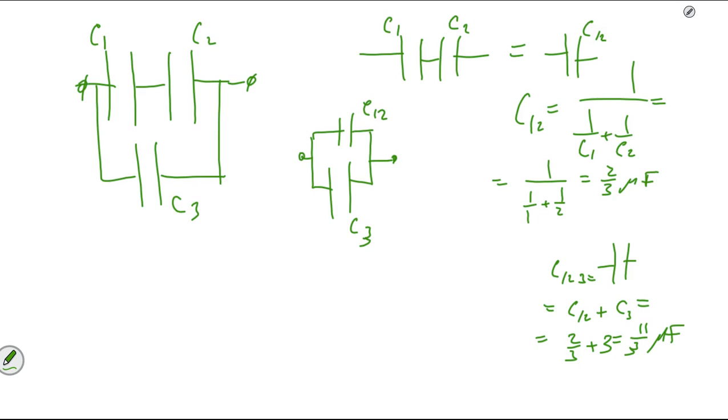Well, 6 volts, charge equals capacitance, 11/3 times 10 to the -6 times voltage, so 22 times 10 to the -6 coulombs.